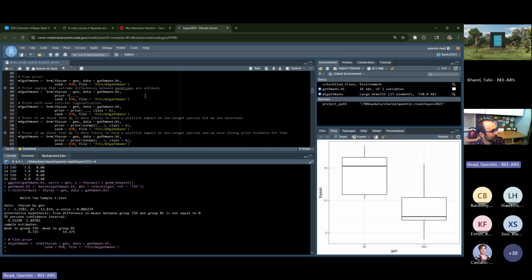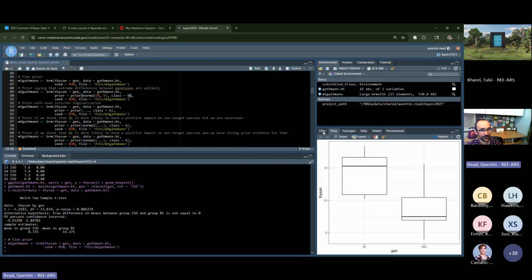Prior equals prior, normal, 0, 5, comma class equals B. B being the terminology that is used for fixed effects. This model only has one parameter in it, basically the fixed effect difference between the two.